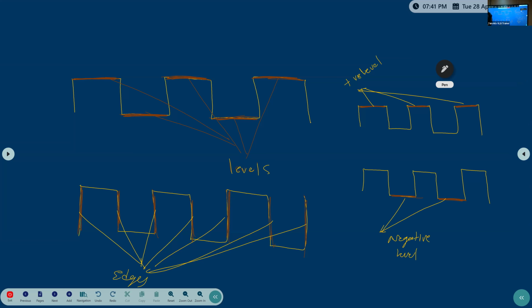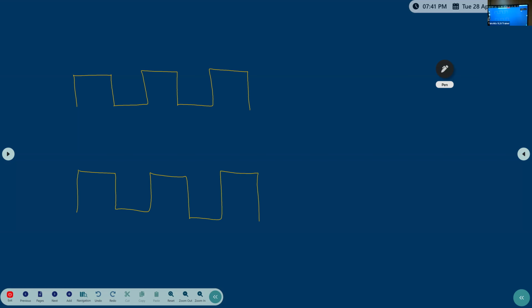In the same way edges are also two types.